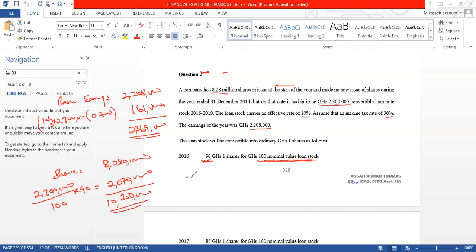We now need to do our division: 2.369 thousand all over 10.350 thousand. And that gives me 0.229, or 0.23. So it's per share. All right. That is that.